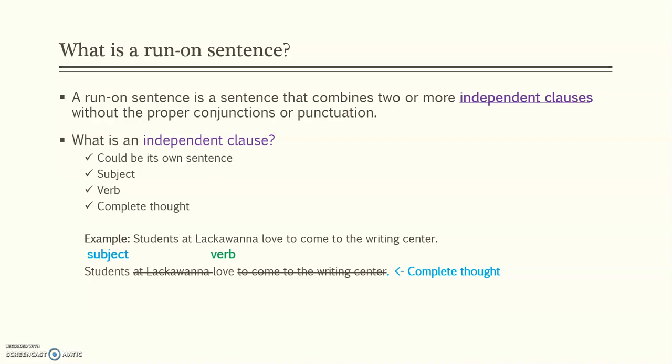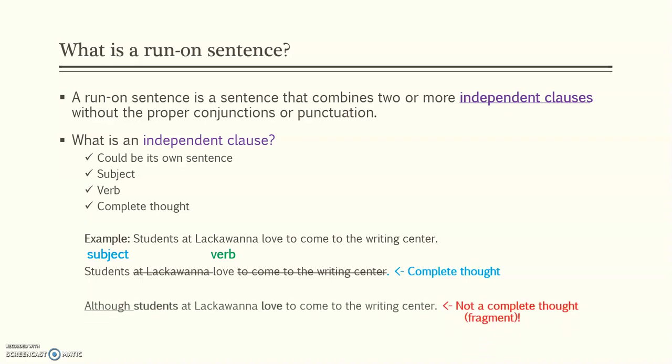What you want to be careful about is that last part, because when you add a word sometimes to a group of words that is otherwise a sentence, it can now become a fragment, or when combined with another independent clause, an introductory phrase, otherwise known as a dependent clause.